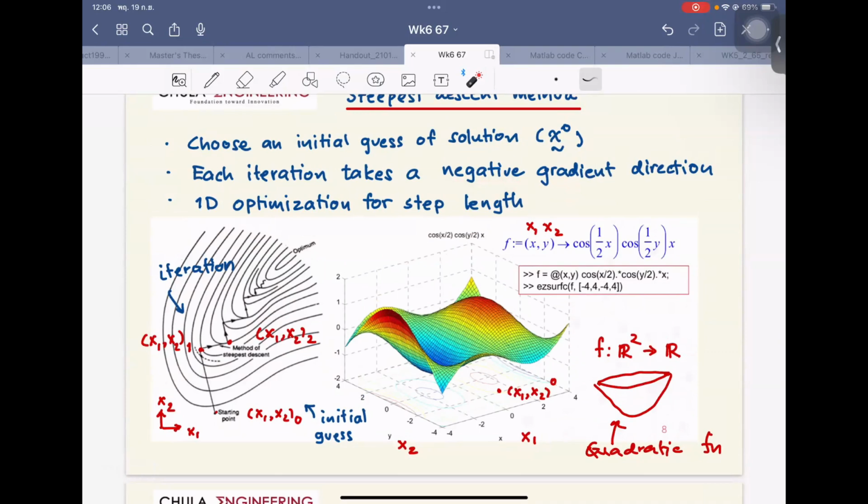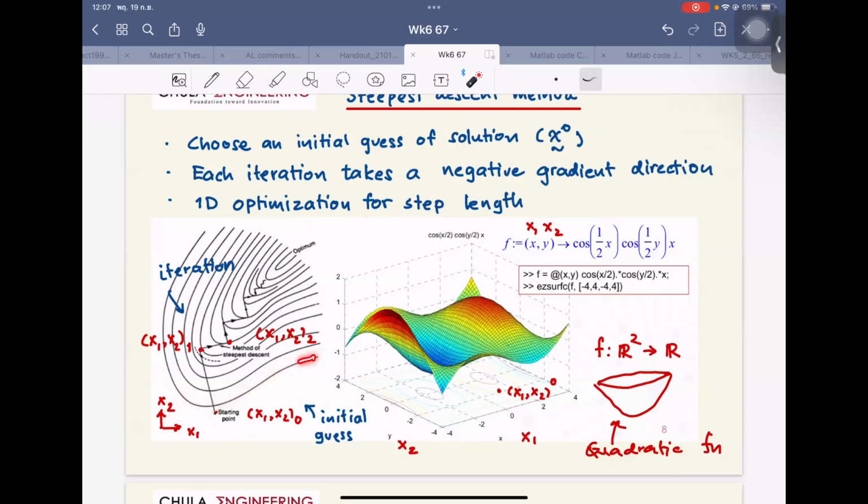Okay, this is the 3D plot, and this is the 2D plot of the contour. Contour means, as when you learn in survey engineering, the contour line is the line that has the same height, right? So the contour line here represents the same function value.